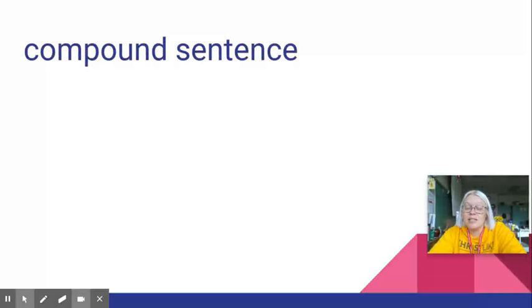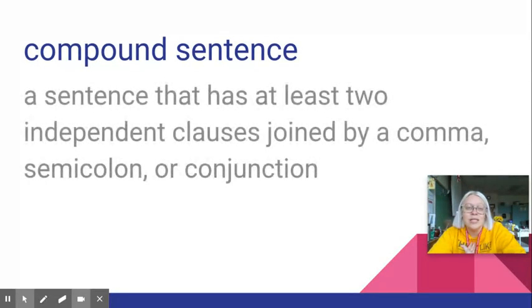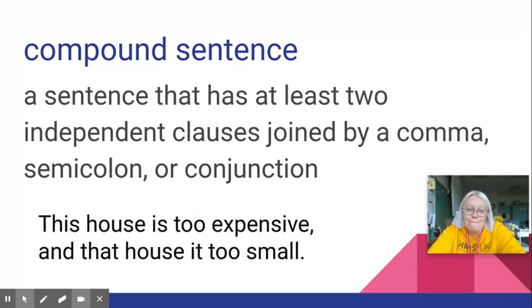The next type of sentence is a compound sentence. This one's a little bit easier for me to remember and for me to understand. So this one is a sentence that has at least two independent clauses joined by a comma, semicolon, or conjunction. So here's my example. This house is too expensive, and that house is too small.